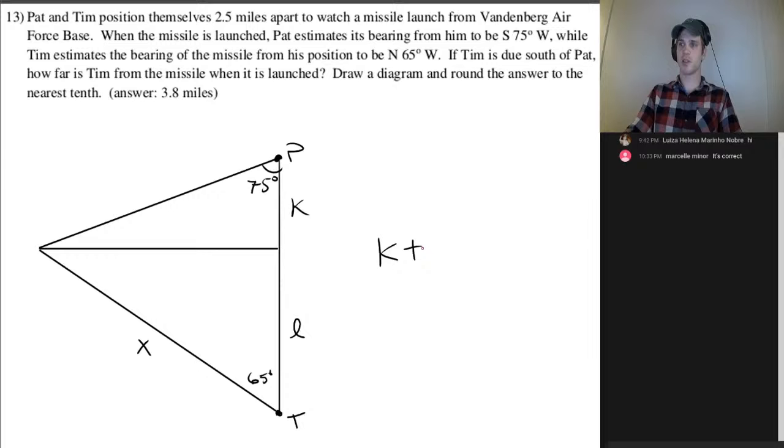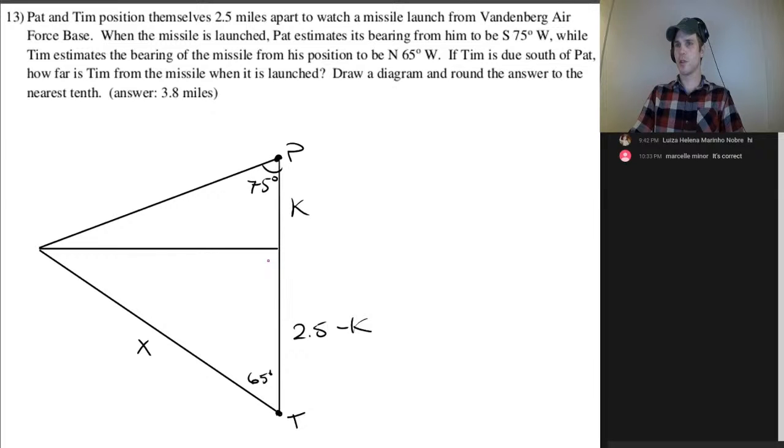K plus L equals 2.5, which means L equals 2.5 minus K. And so now we can take everything and put it in terms of K. And how I've done these problems a couple times already, it's like the same problem over and over again.